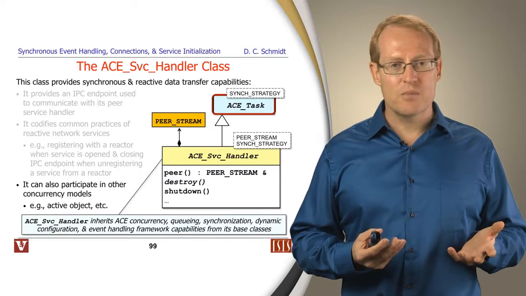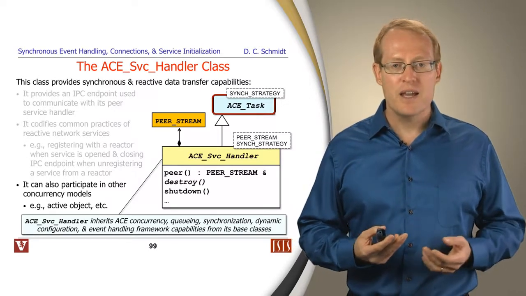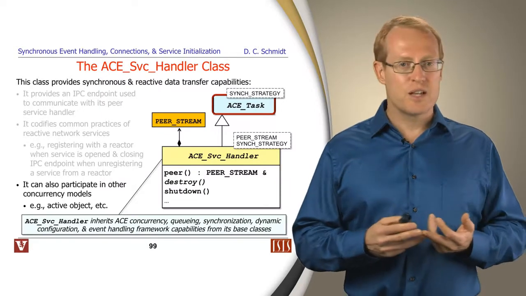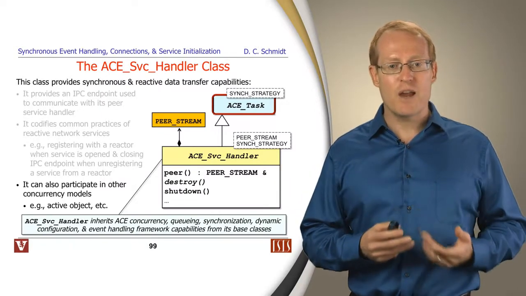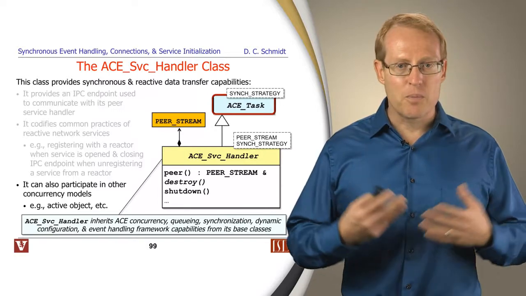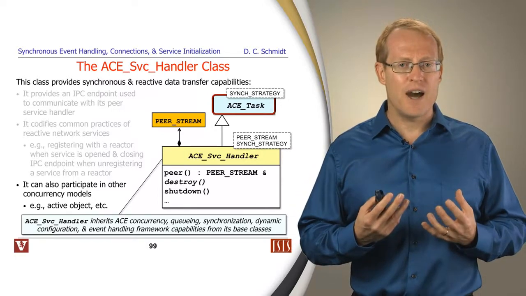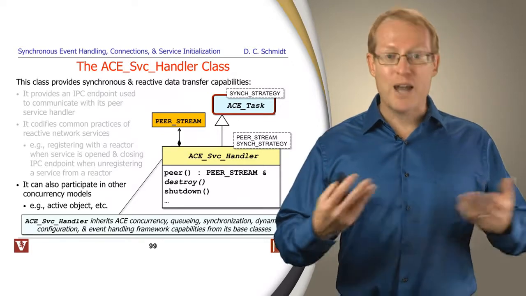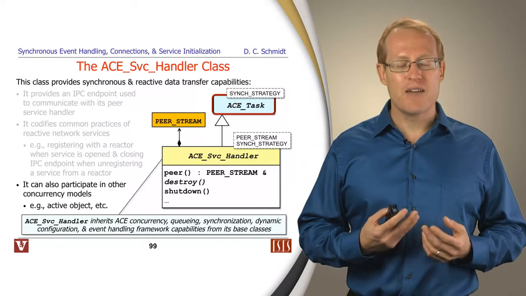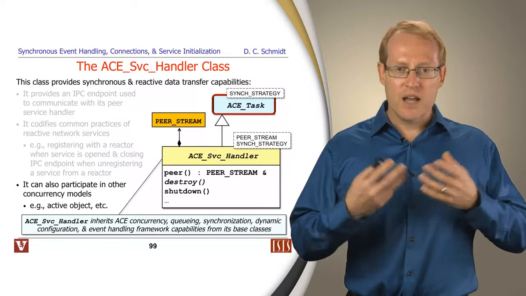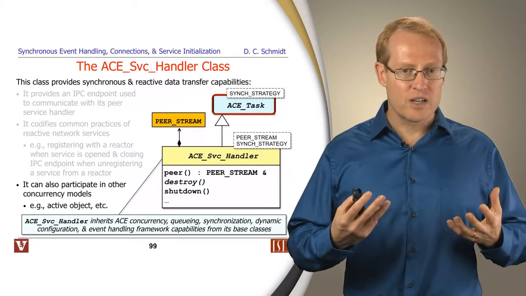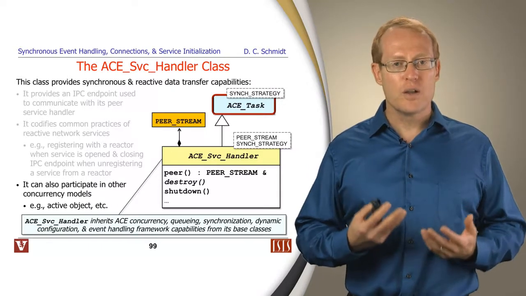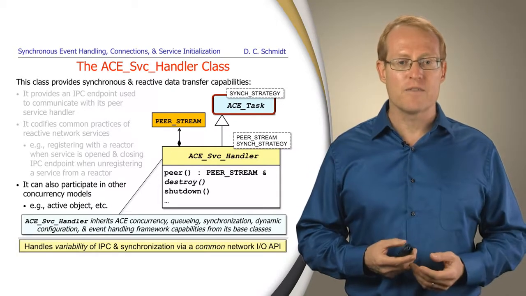The ACE Service Handler gets a number of capabilities from other parts of ACE: concurrency and queuing, synchronization, dynamic configuration, and event handling. This is a good example of how frameworks can give you quite a bang for your buck, or for your non-buck if they're open source, by associating canonical control flow and canonical domain-specific structures and functionality into the infrastructure, so you don't have to write that yourself.